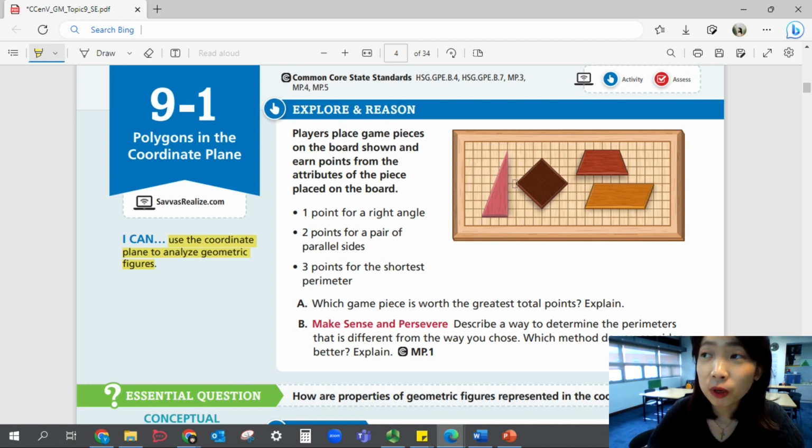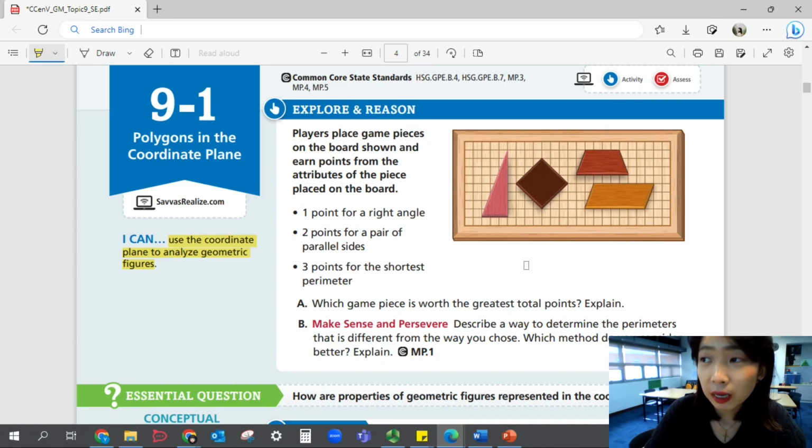It says 1 point for a right angle, 2 points for a pair of parallel sides, and 3 points for the shortest perimeter. If you see the attributes, then you will get the points depending on the attributes.